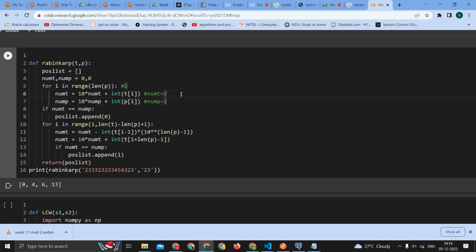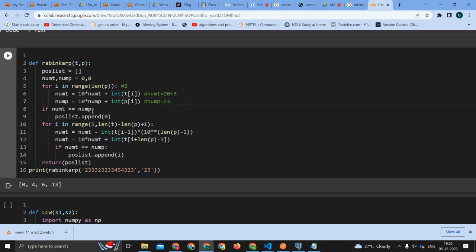It is 2 into 10, which is 20, plus the second number. During the second iteration, we have num_t like 2 3, and in this case also it's 2 3.